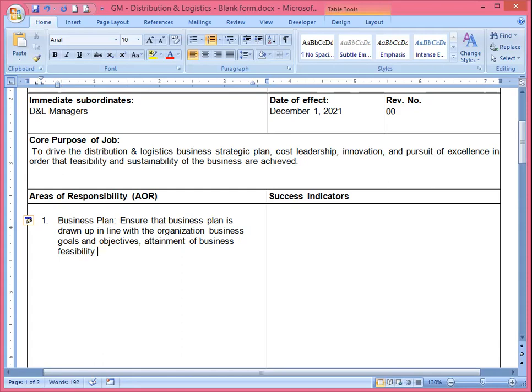Business plan: ensure that the business plan is drawn up in line with the organization's business goals and objectives, attainment of business feasibility, and in accordance with the CEO's directives. He's reporting to the CEO, so yes, the CEO's directives.